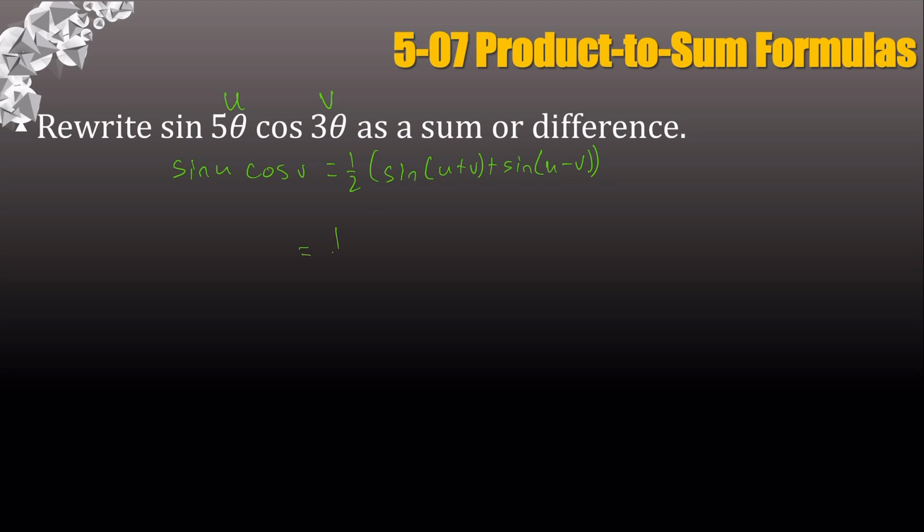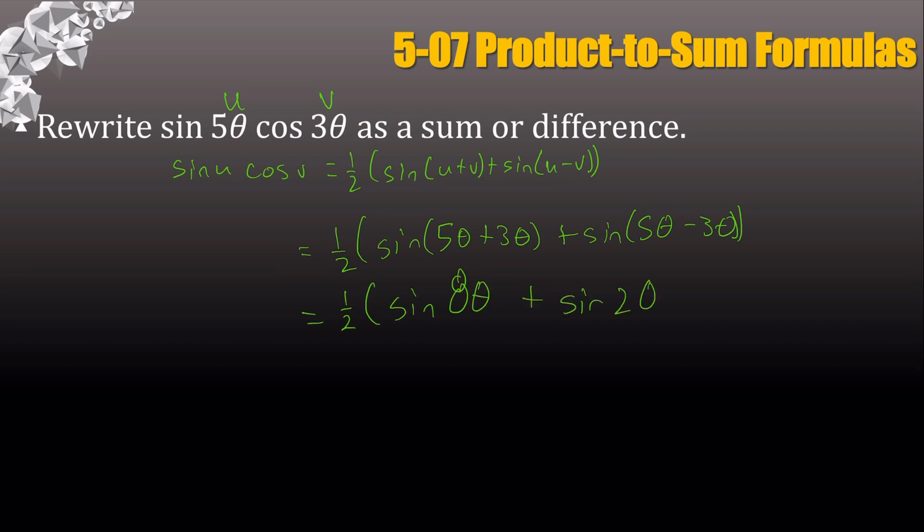So this is going to equal 1/2 sine of 5 theta plus 3 theta plus sine of 5 theta minus 3 theta. So 1/2 sine of 8 theta plus sine of 2 theta. And that will be the answer.